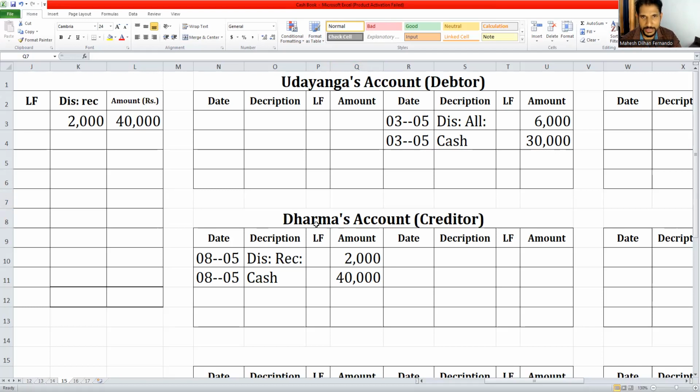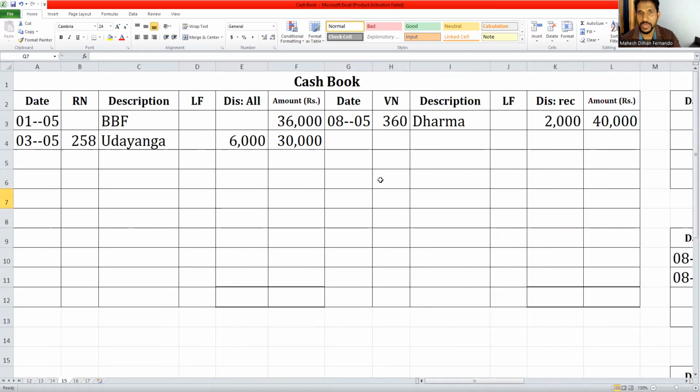So the next one, it's a cash purchase, 33,000. It's a payment. 12th of May, 361 is the voucher number. Put the description purchases, amount 33,000.